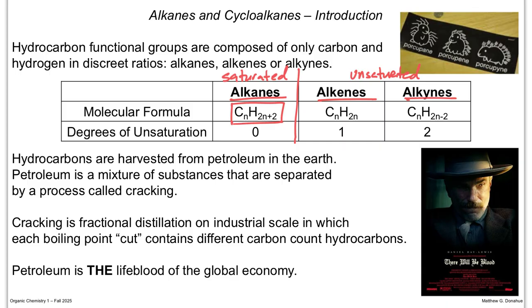It's not terribly exciting, but these hydrocarbons do come from petroleum primarily. There are other sources such as plants. So if you've heard of biofuels, plants can produce oils as well. But petroleum is really the main source from which a lot of economies run.